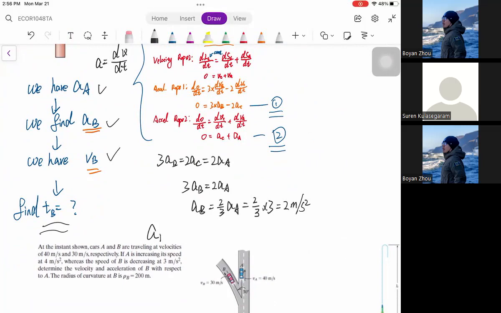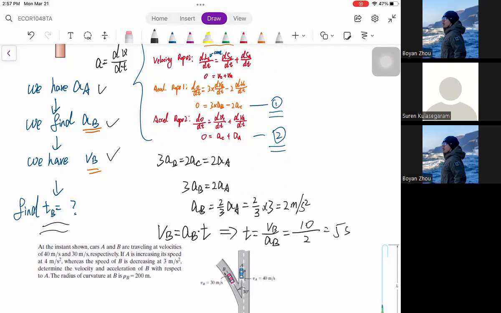So the velocity at point B is equal to the acceleration at point B times the time t. And from here, t is equal to VB over AB. 10/2, so it's 5 seconds.